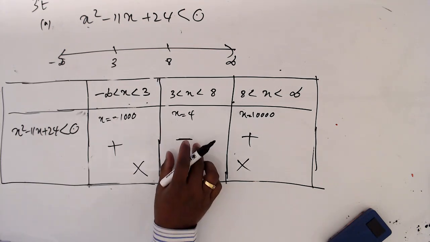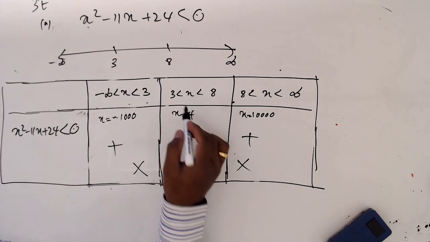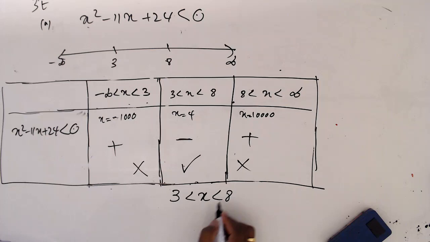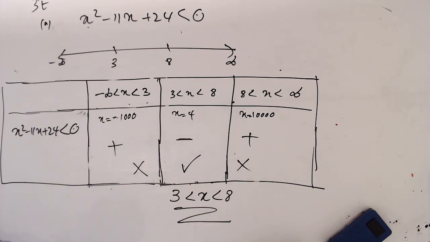Then only negative values go here. Hence, the answer is 3 greater than x greater than 8. So instead of calculating the values, I'm checking whether it is negative or positive. Now there's another method. I will discuss that one.